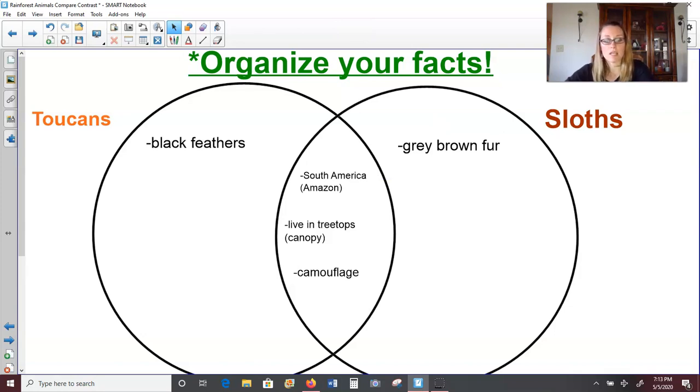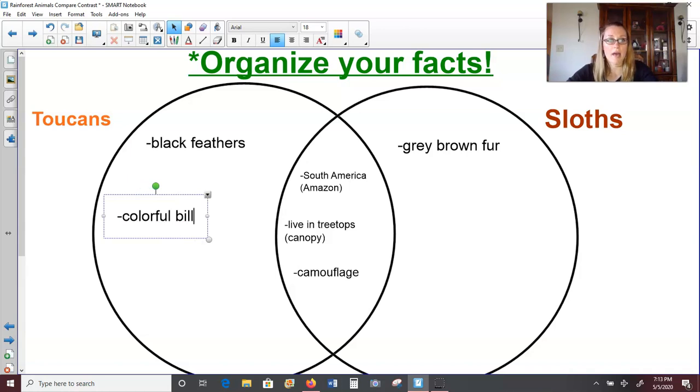Another difference is the colorful bill that I talked about with toucans. Sloths don't have a bill. They are kind of identified based on their toes, on their front feet, whether they are two-toed sloths or three-toed. Okay, so two or three-toed.